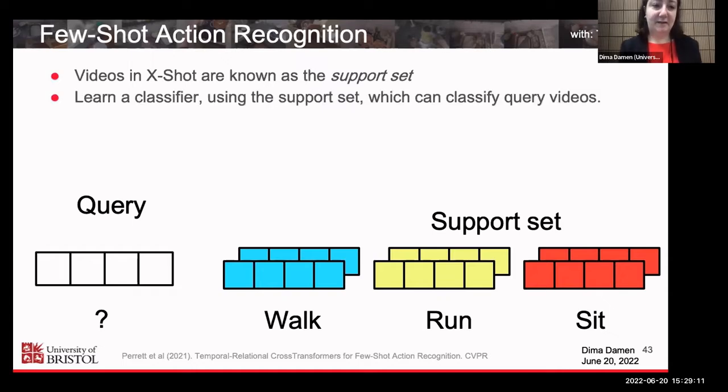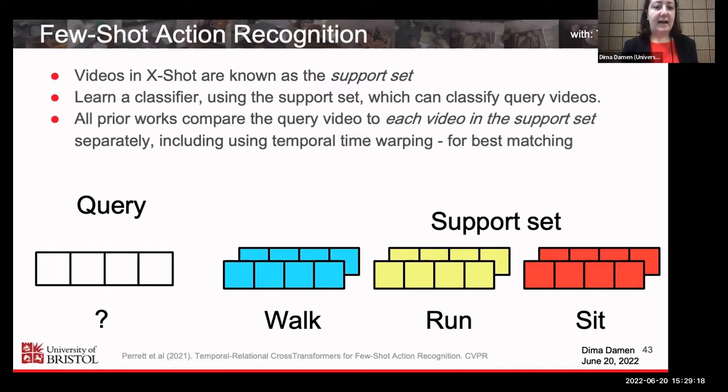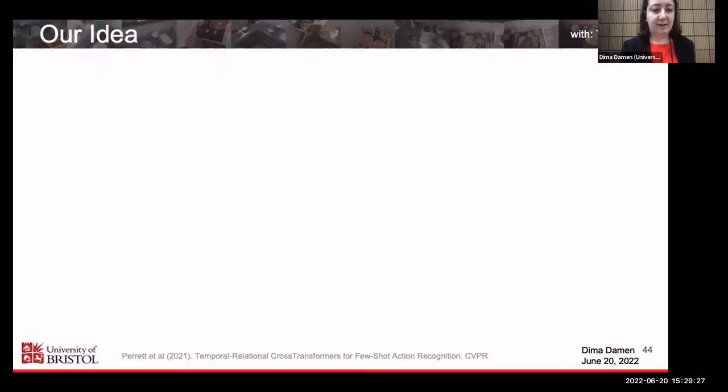So again, you have this support set and you're trying to learn a classifier using the support set, which classifies the query videos. Interestingly, all prior works in video have assumed that each video is treated separately in the support set. In this work, we wanted to do something differently.